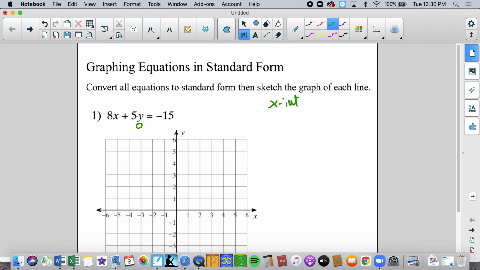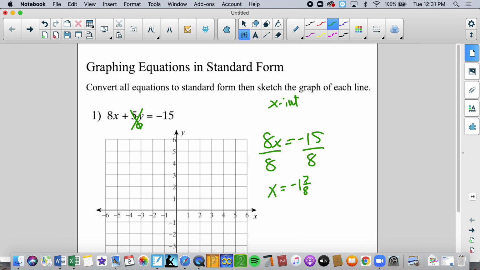Well, 5 times 0 makes 0, so this cancels out. And you're left with 8x equals negative 15. Then you divide by 8, and you get x equals negative 1 and 7/8.